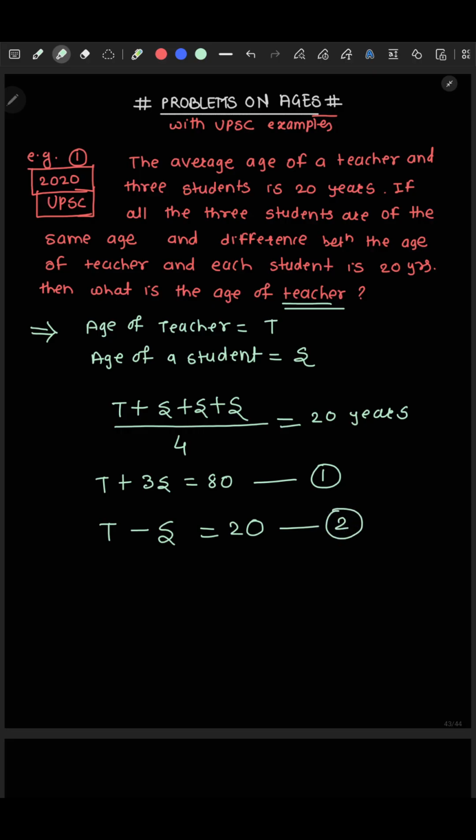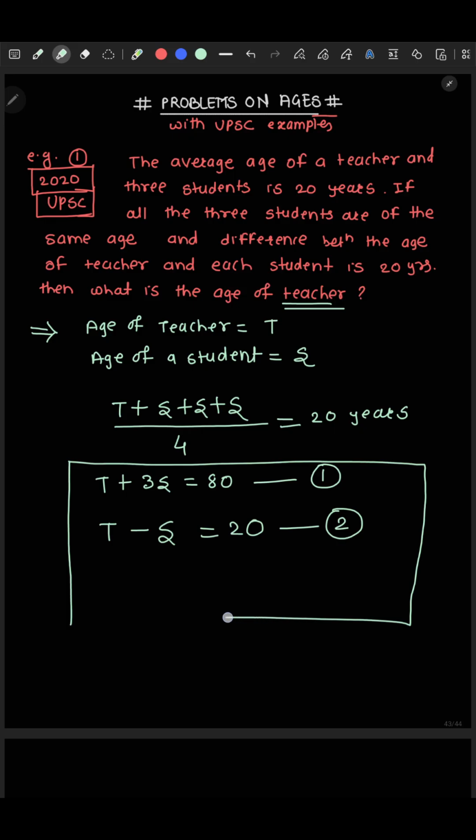If you know how to solve equations, it is very easy. Now we have these two equations. I'll try to solve them. I have to eliminate S and find the age of the teacher.